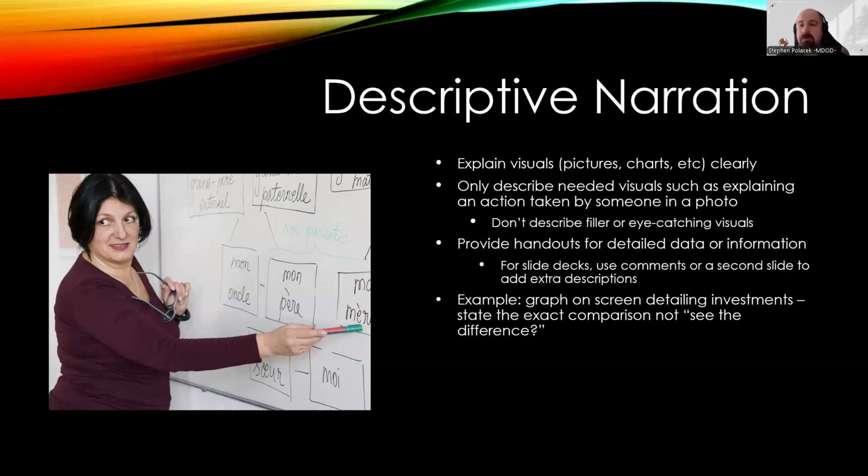If it's a really complex infographic or a flowchart or something, you might want to use comments or even a second slide just to add extra description. What you can do in PowerPoint, you can create a second slide that maybe summarizes the information in text. And then in the list on the left of the slides, you can right click the description one and say hide slide.